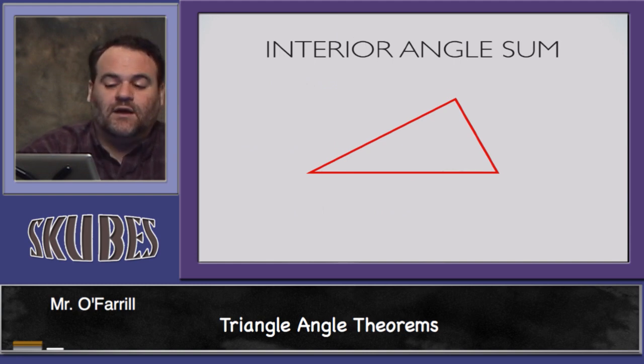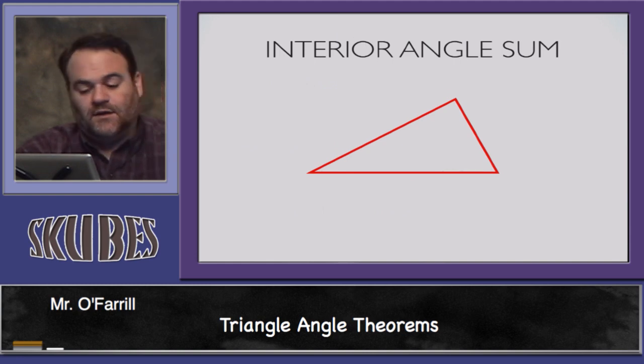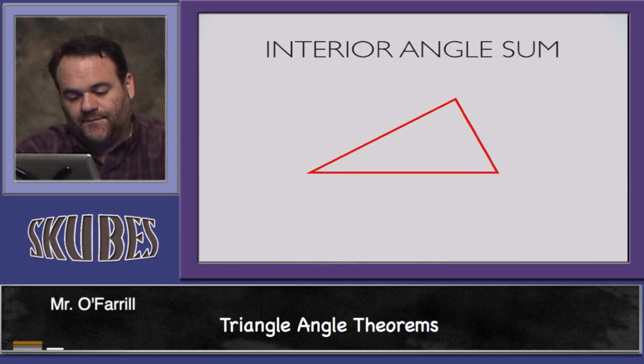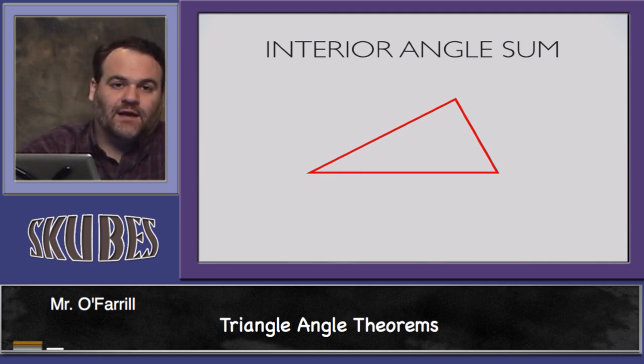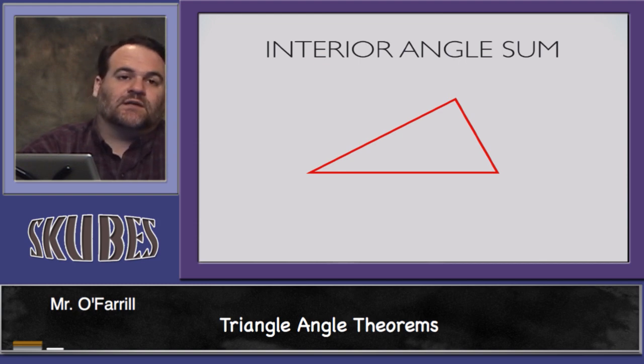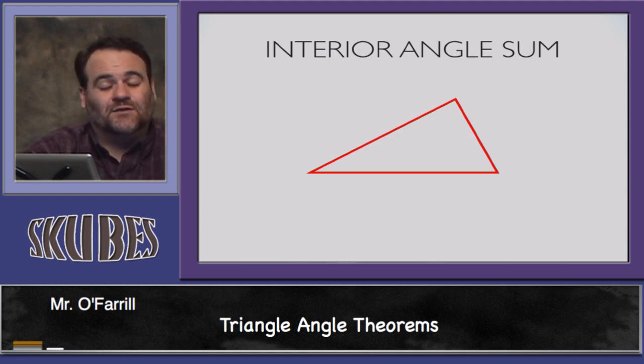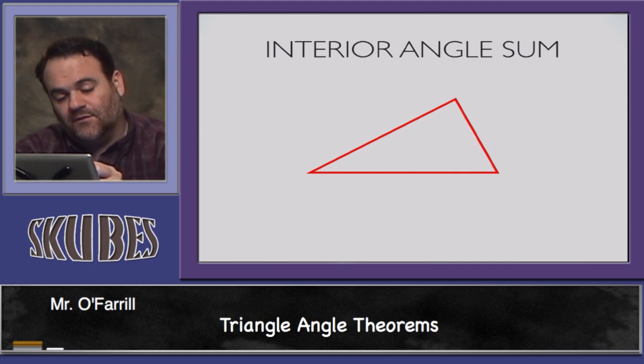So the interior angle sum. If we have a triangle here, one of the first things that you should always remember when you're looking at situations like this is nothing is ever drawn to scale. That means even though an angle might look a certain way, it may not be accurate. I can tell you that this is going to be a 40-degree angle.